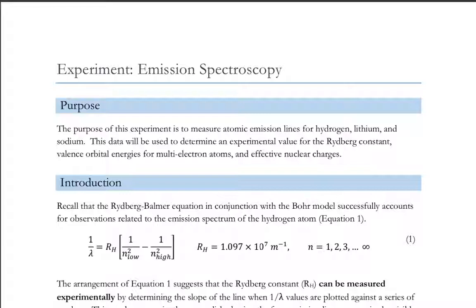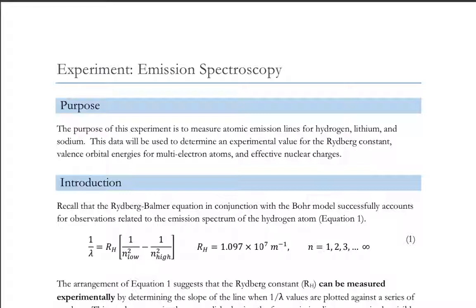This equation 1 is another way of stating the Bohr model equation, where n low, n high have replaced the n final, n initial, and instead of delta E, which is equal to the energy of the photon absorbed or emitted, this one has 1 over lambda. Recall that delta E is hc over lambda, and so that's the agreement between those two equations.